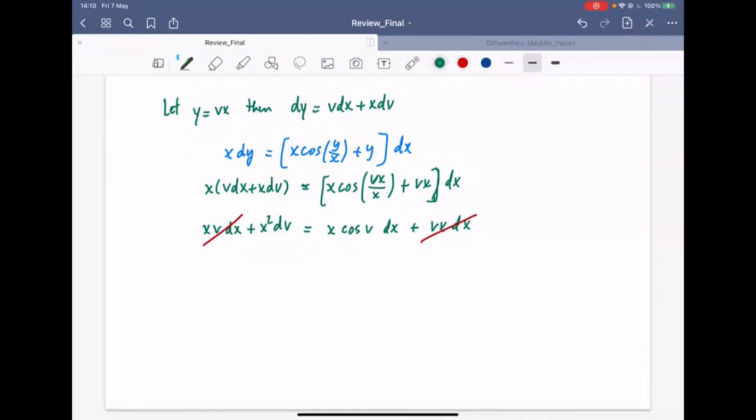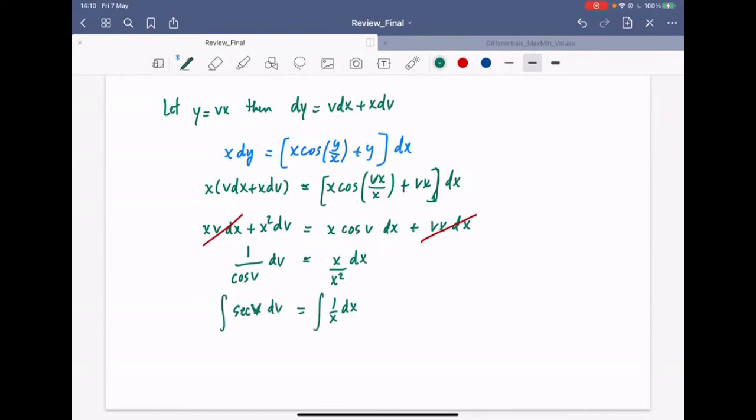So now we're going to move everything in terms of v to one side. I'm going to move v to the left hand side and x to the right hand side. I have 1 over x dx, and I have secant v dv.